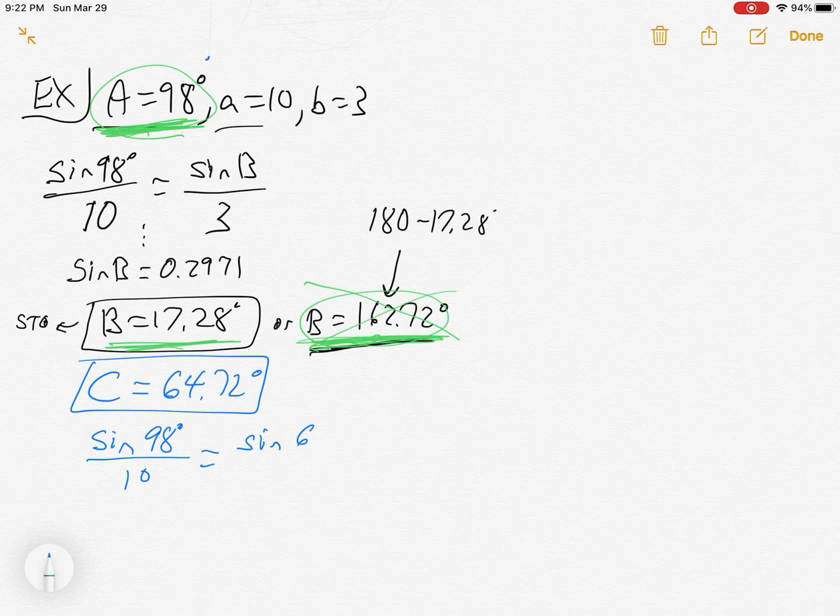Sine of that 64.72. Again, in your calculator, use second answer over your unknown C. And you can check me on this. C should be 9.13. And there's our 3 boxed answers, 1 solution.